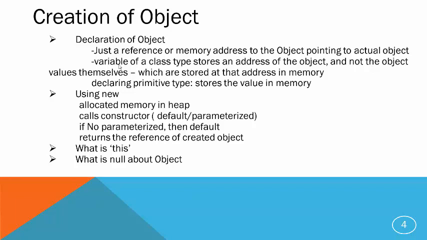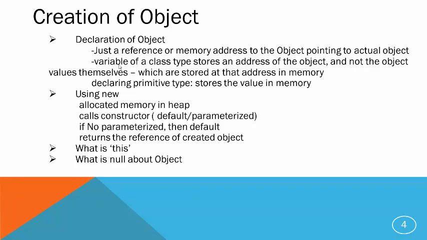Declaration of an object is just a reference, or memory address, pointing to the actual object. In Java, when you create an object, you are creating a reference or memory address that points to the location where your actual object is stored in the heap memory of the Java virtual machine.